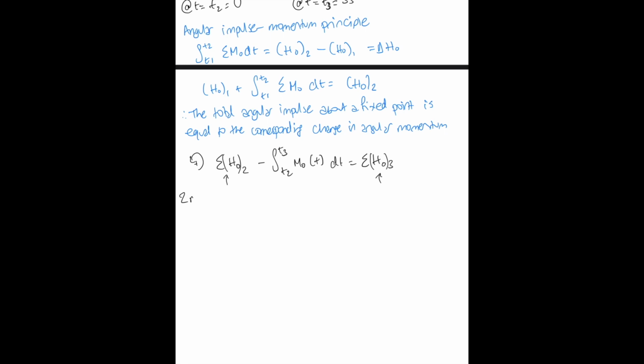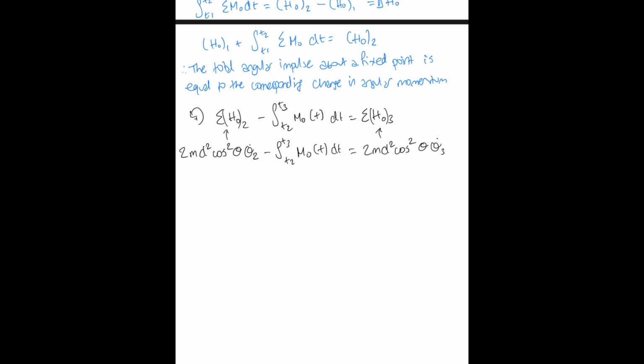So that's going to become 2md squared cosine squared theta multiplied by theta dot 2 minus the integral over moment. That's going to be equal to 2md squared cosine squared theta multiplied by theta dot 3.